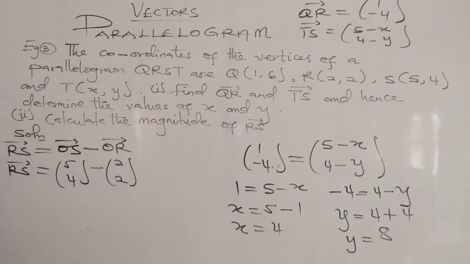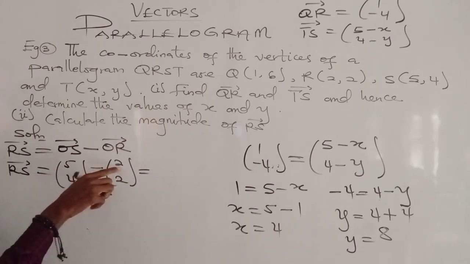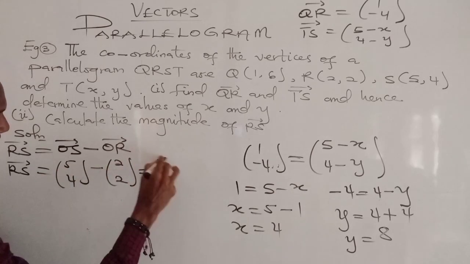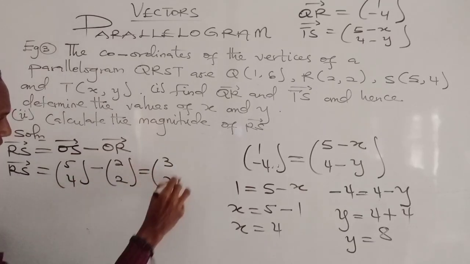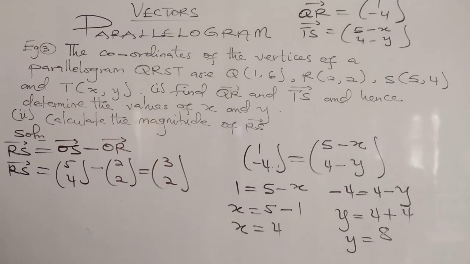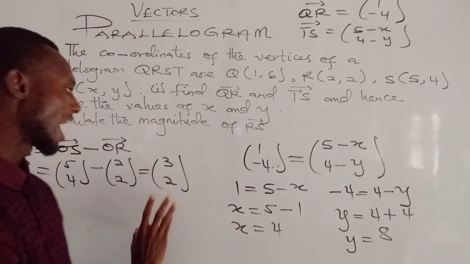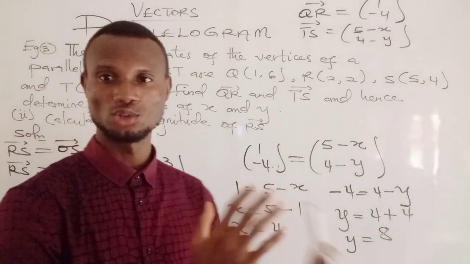From here, all that we need to do is to simplify further to get the vector RS. So the vector RS will be equal to 5 minus 2, which gives 3, and 4 minus 2, which gives 2. So this is the value of the vector RS, which is (3, 2).